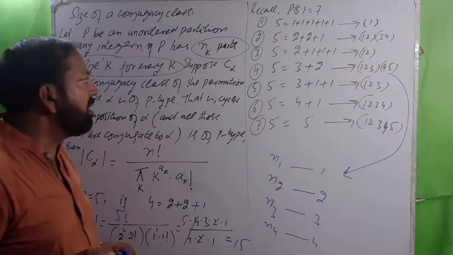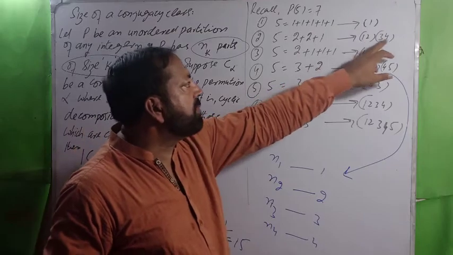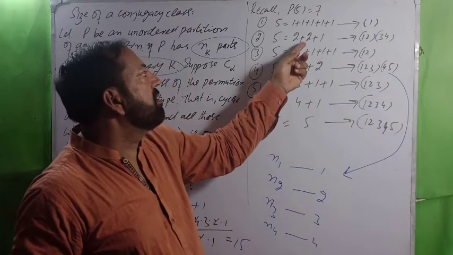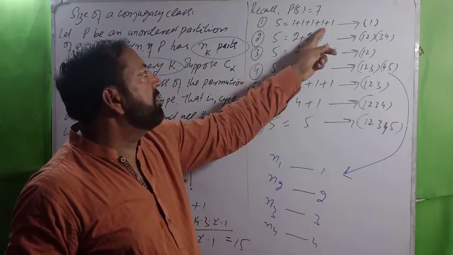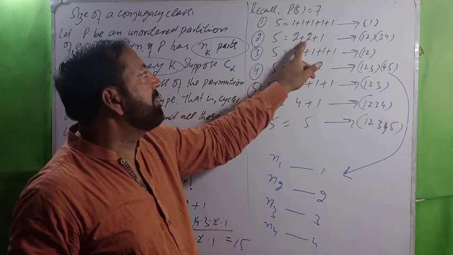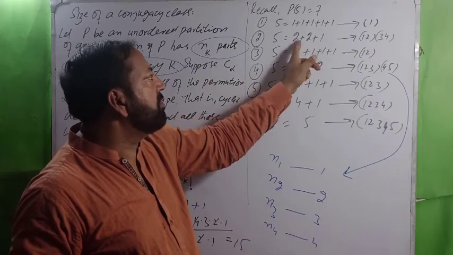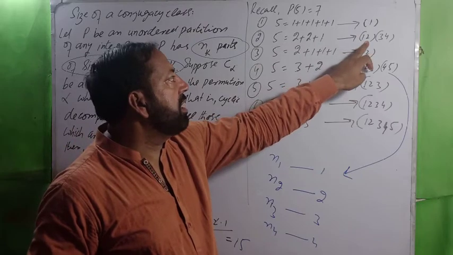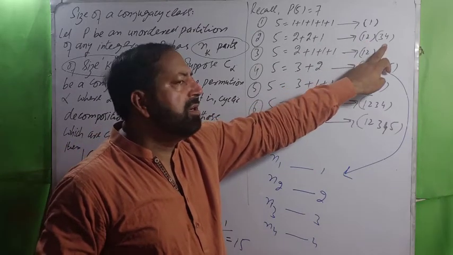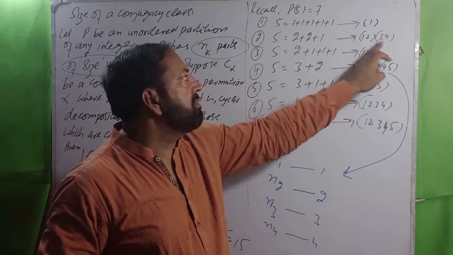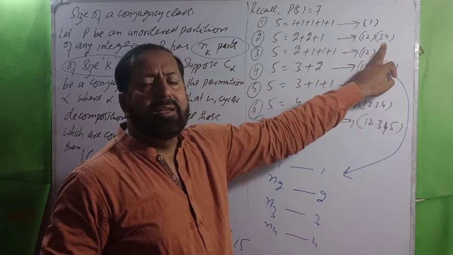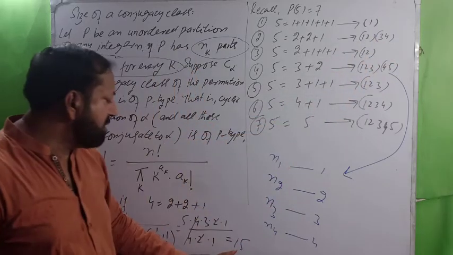So in S5, the conjugacy class corresponding to a permutation whose cycle type is 2 plus 2 plus 1, of course corresponding to the permutation type (1 2)(3 4), has 15 elements.